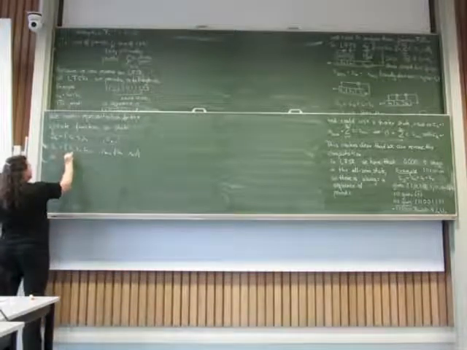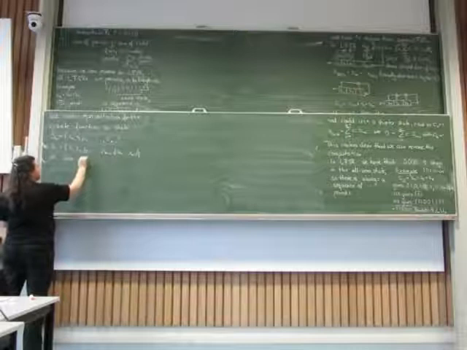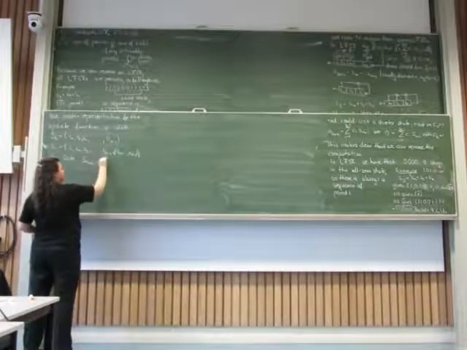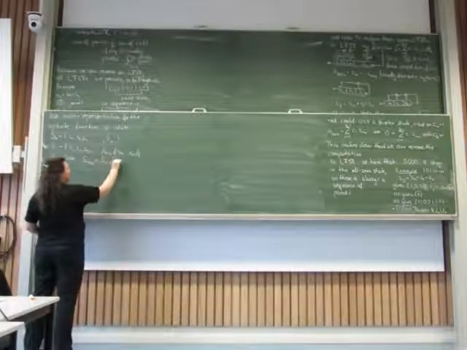So we're writing the updated state at n plus 1 as the previous state times some matrix C.